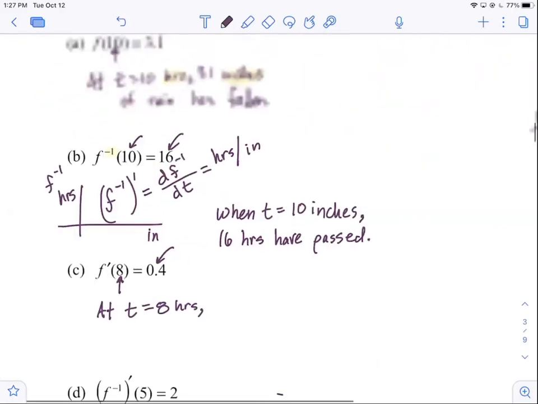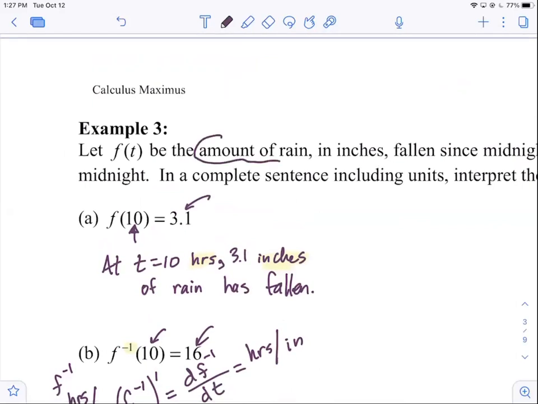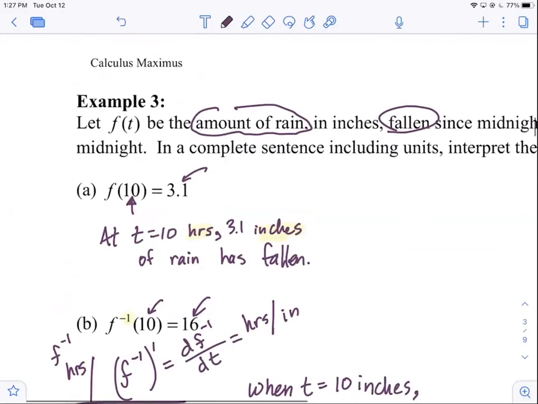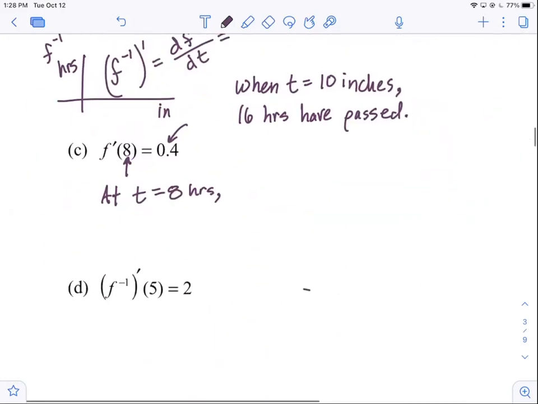0.4 measures what we're measuring. What is f measuring? The amount of rain that has fallen. Okay. Can we call that rainfall? I would think so. The amount of rain that has fallen, can we call that rainfall? Sure. At t equals 8 hours, rainfall, which is one word, is what? Increasing.